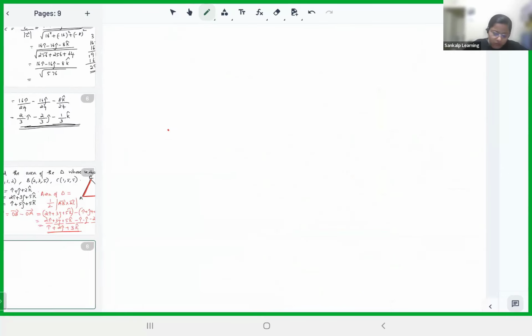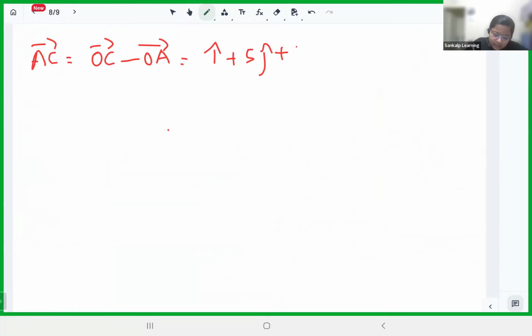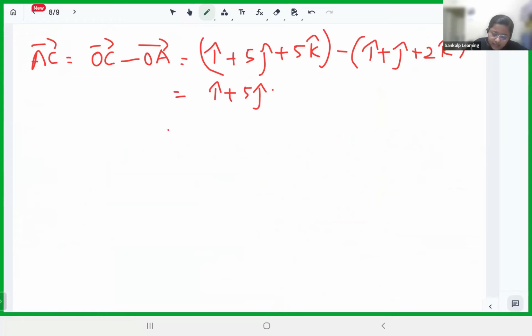Now moving on to our next vector, vector AC is equal to vector OC minus vector OA. Vector OC is i plus 5j plus 5k, minus i plus j plus 2k. You have to open the bracket: i plus 5j plus 5k minus i minus j minus 2k.